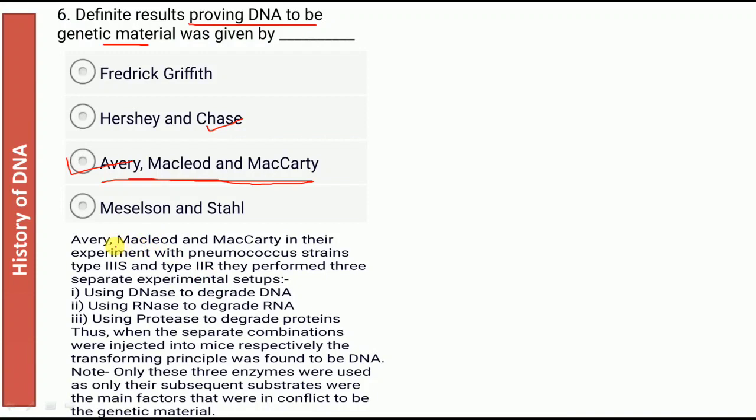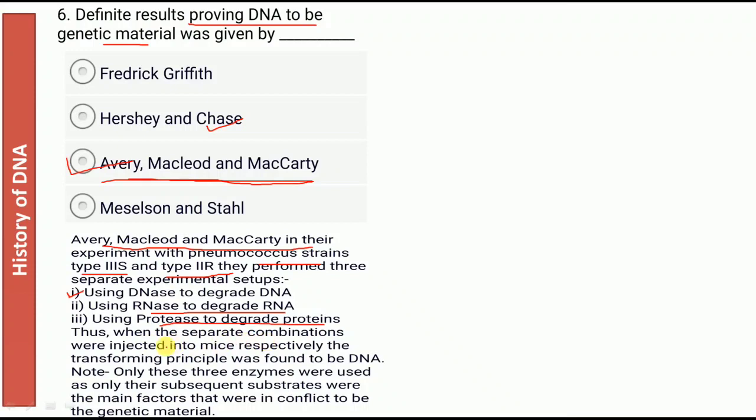So these were the three scientists, Avery, MacLeod and McCarty. In the experiment with pneumococcus strains, type 3 S and type 2 R, they performed three separate experimental setups: using DNase to degrade DNA, using RNase to degrade RNA, and using protease to degrade proteins.